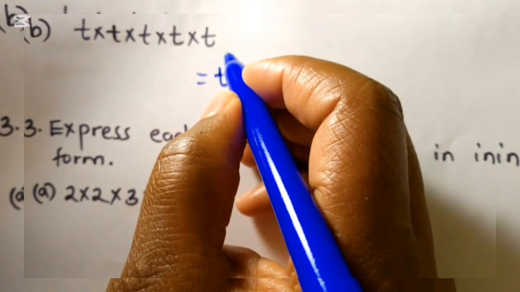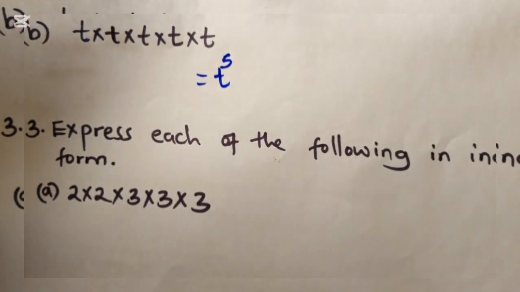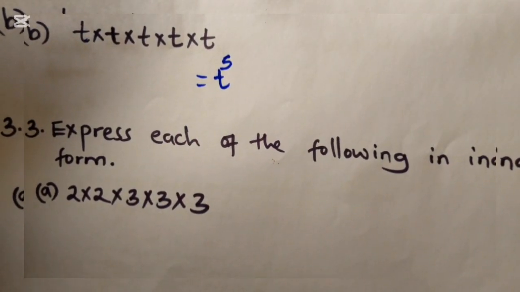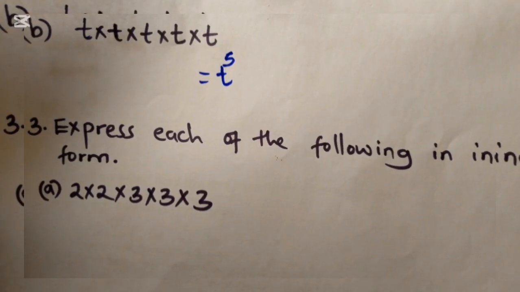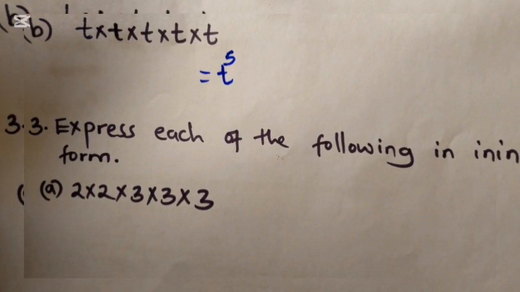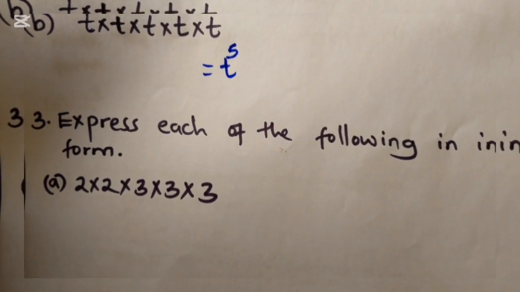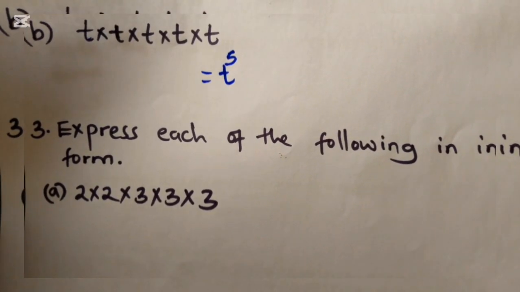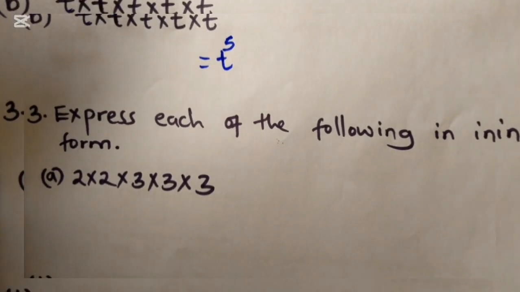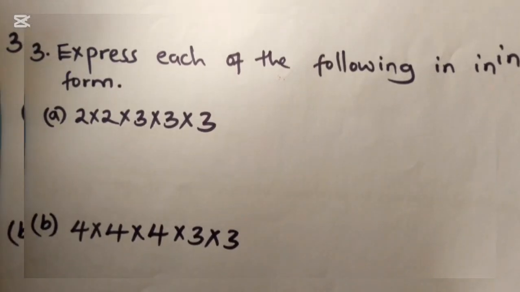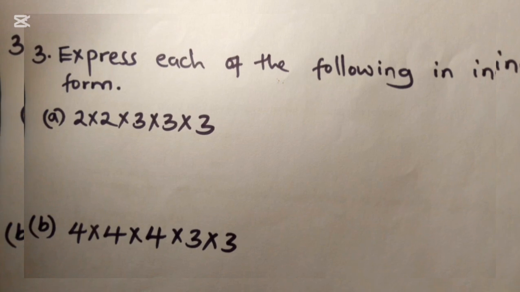So t power 5. Just imagine as simple as that. That is how we write numbers in index form when they are written in that form. Let us proceed. These questions have some differences which we need to see.